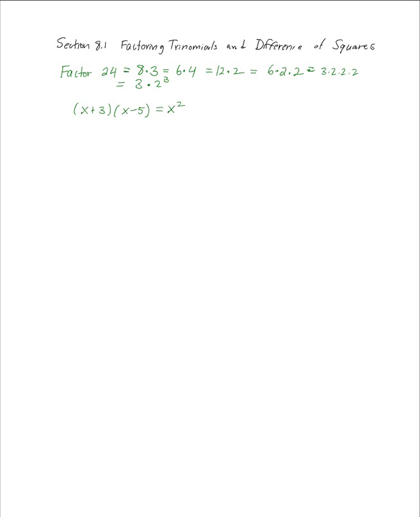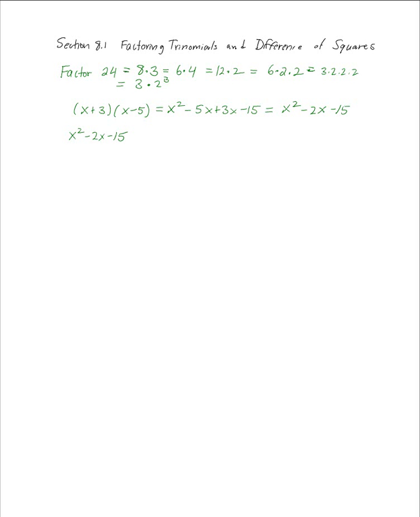And you would have x squared minus 5x plus 3x minus 15. And then you would combine your like terms, x squared minus 2x minus 15. What's going to happen in this section is we're going to go completely backward. So we would start with the x squared minus 2x minus 15.